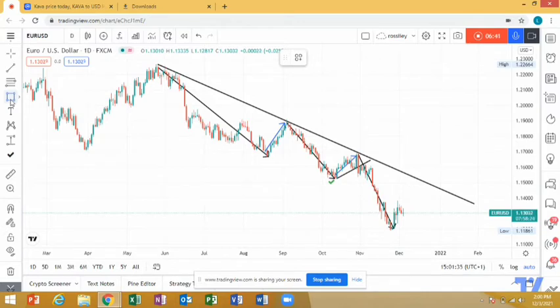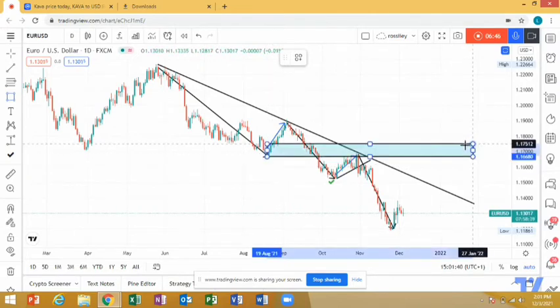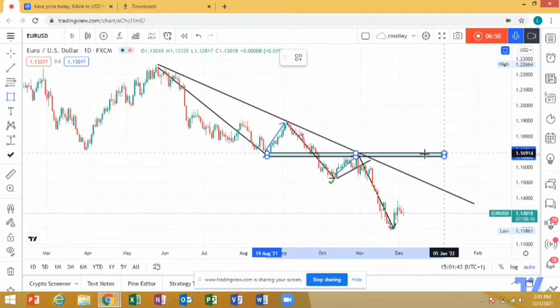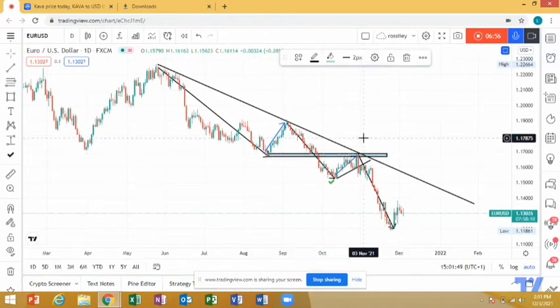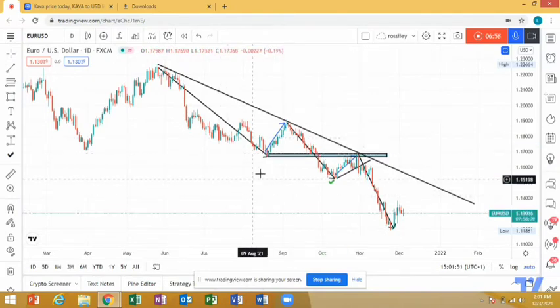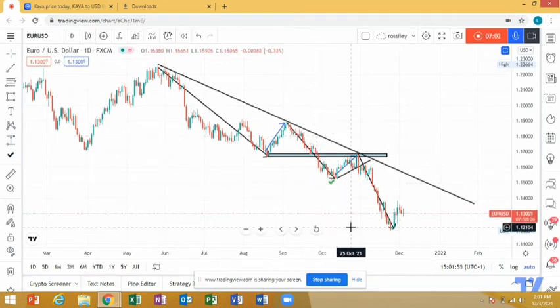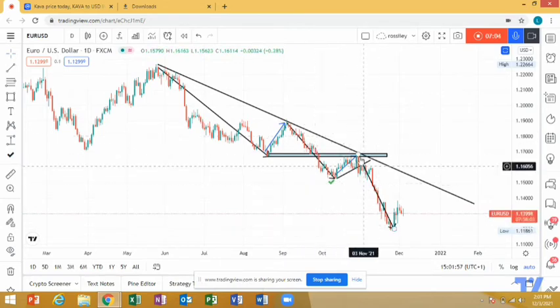So if you take a look at this point, this is a perfect breaker retest. If you know about the breaker retest strategy, this is a perfect one. This is a support which the price breaks, and now it is retesting that support, which is now a resistance. That's one.